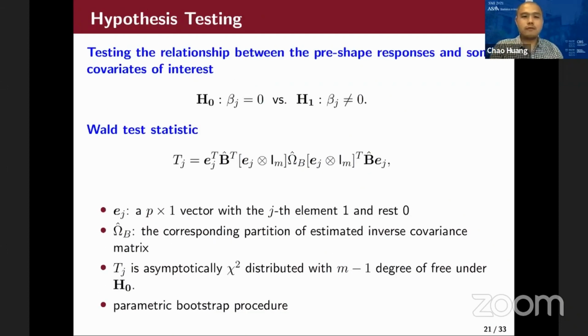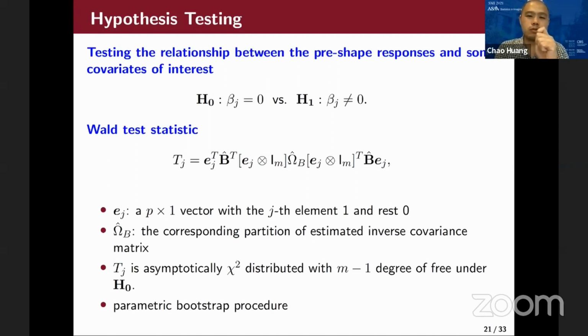And for the inference steps, we are interested in doing some hypothesis testing because we want to test the relationship between the shape response and some covariates of interest. So in that case, we can build up these hypothesis testing problems.